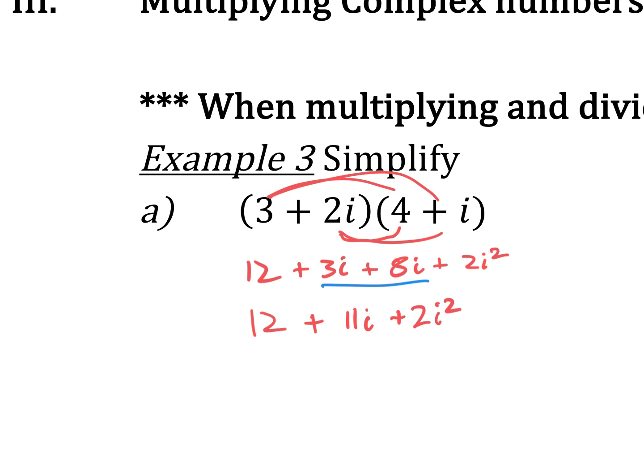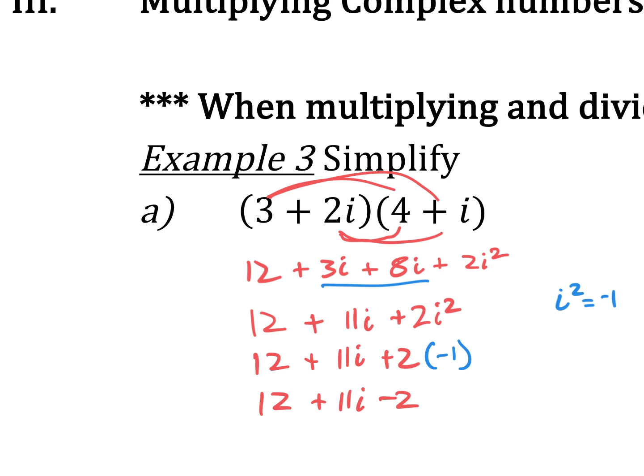Now, if this was just a variable, we'd be done. But here i is the imaginary unit, so we remember that i squared is -1 because of what we just talked about. So we can rewrite this as 12 plus 11i plus 2 times -1. That's 12 plus 11i, and this becomes -2, and now we can combine like terms: 10 plus 11i.